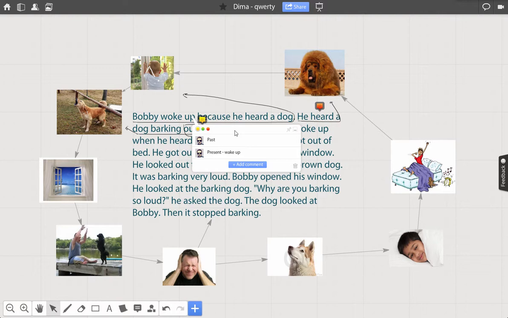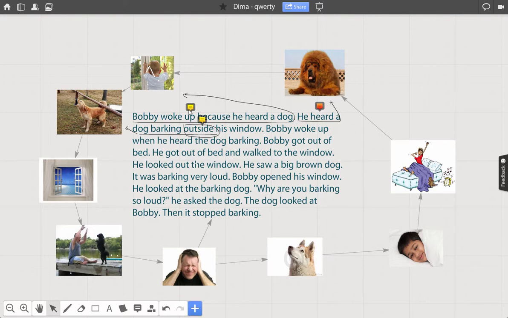So if it's past, then okay, woke up, it's past, yes. And then the present form is wake up. When you use comments, it keeps your working space clear and clean, so it's not messy.